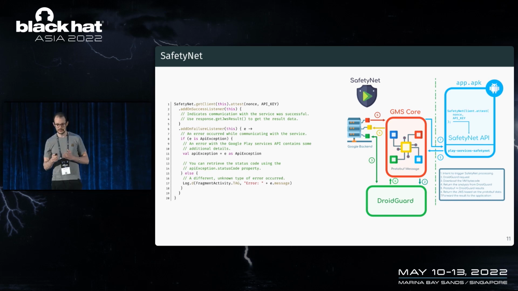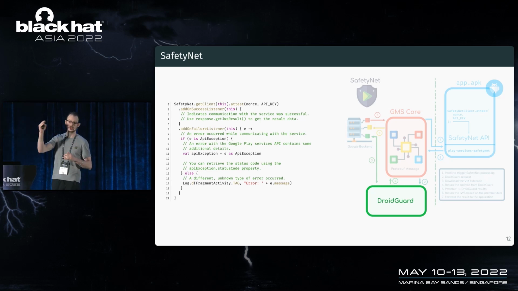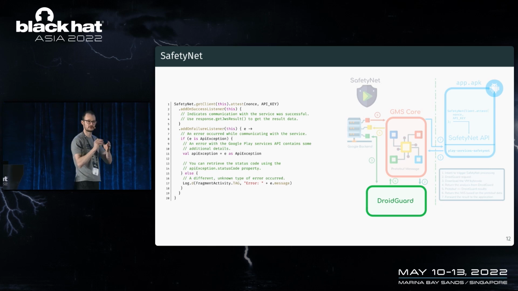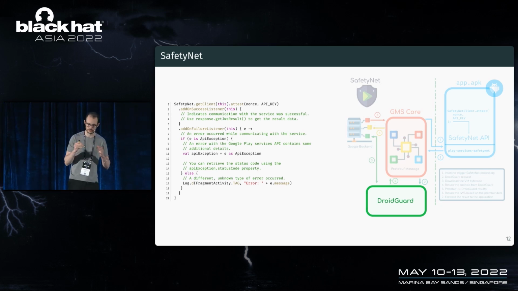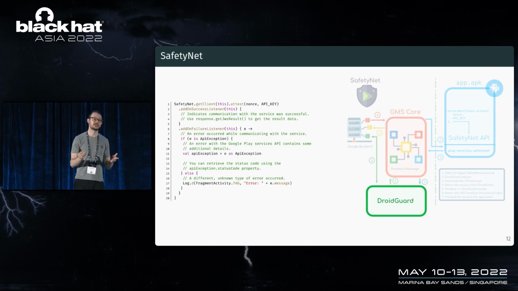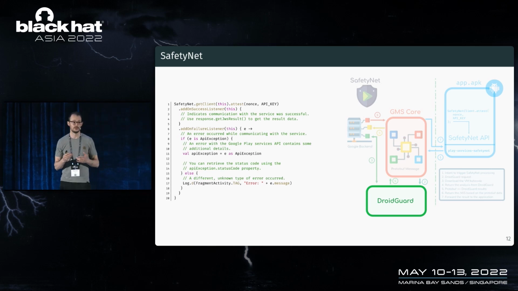device. Then GMS core will call DroidGuard, which is another component that runs in another process, but that is very close in terms of communication, I would say, to GMS core. DroidGuard will perform the heavy checks to determine whether your device is safe or not.